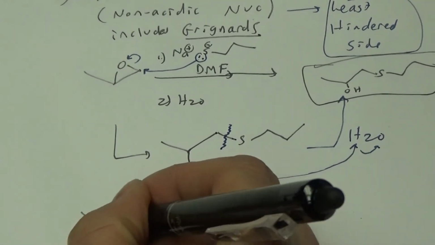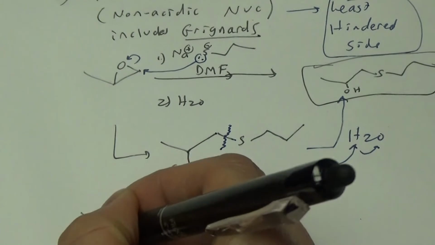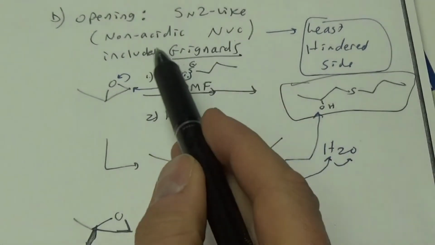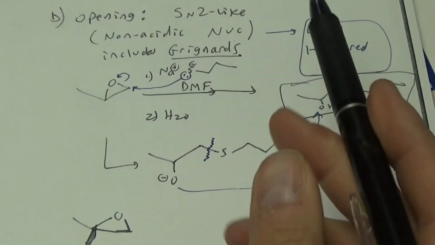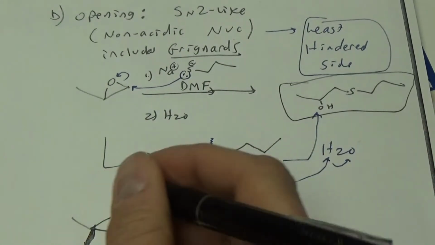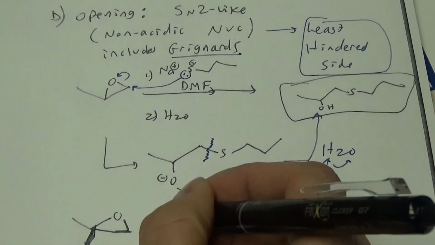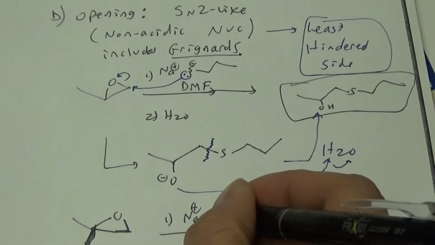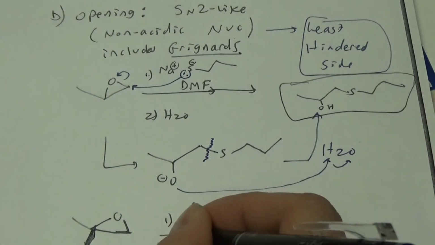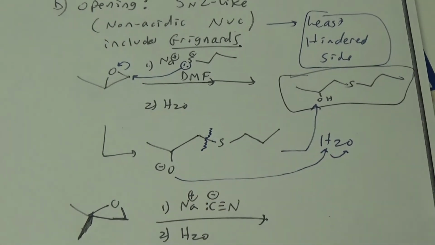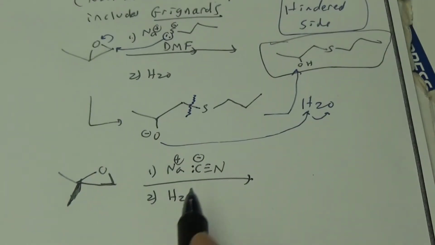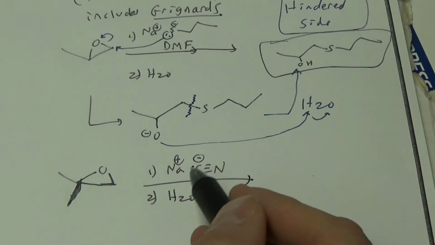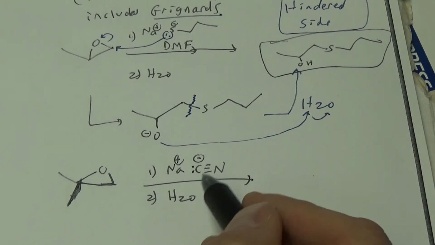Nucleophiles that you know of from before. So these are all going to be non-acidic. Non-acidic is always going to be SN2-like. Okay, Na plus CN minus. Non-acidic, right? There's no acid. It's not like HBr or something like that.